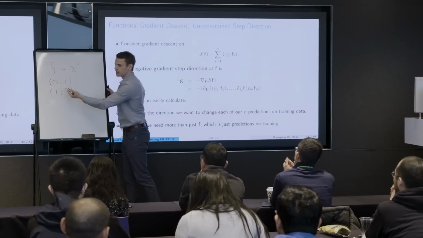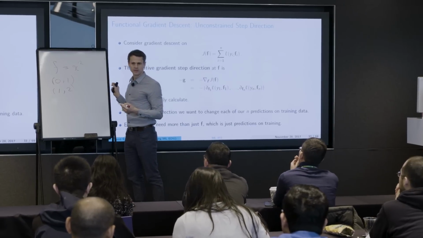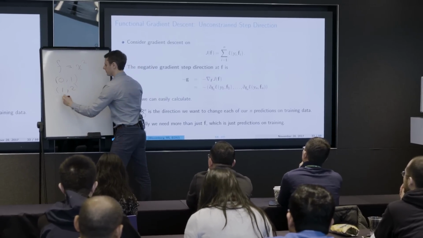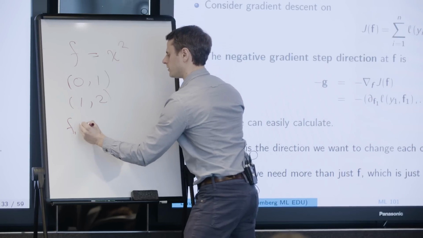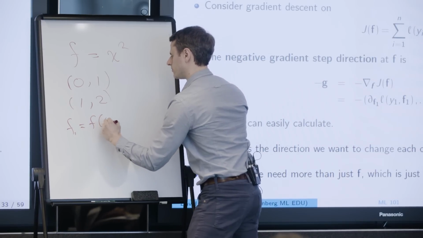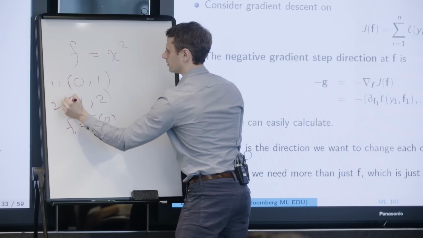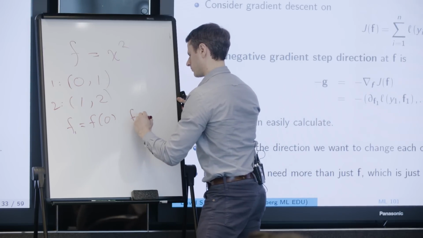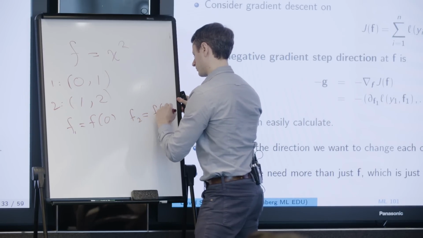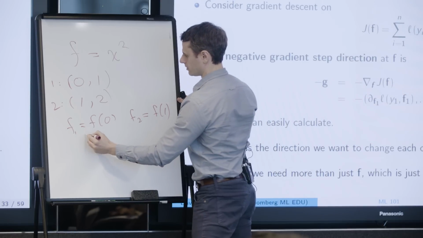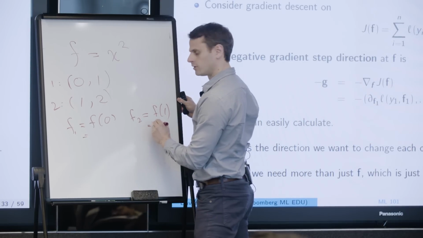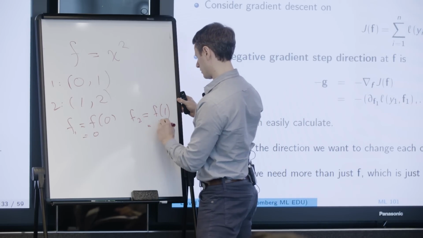So our training x's are 0 and 1, right? Okay. Let's define, for convenience, f1 is equal to f of 0, because this is training point 1, and this is training point 2. What is f of 0? f of 1?